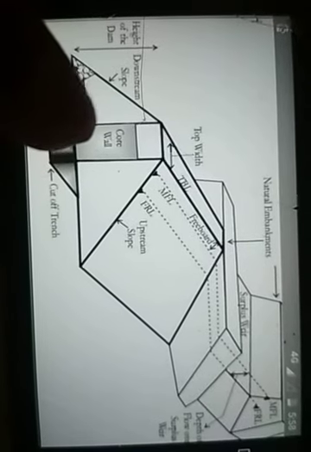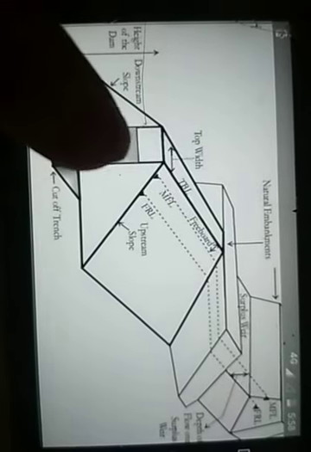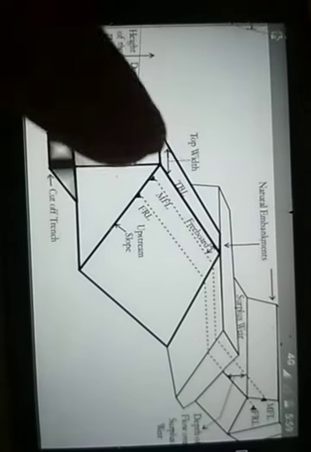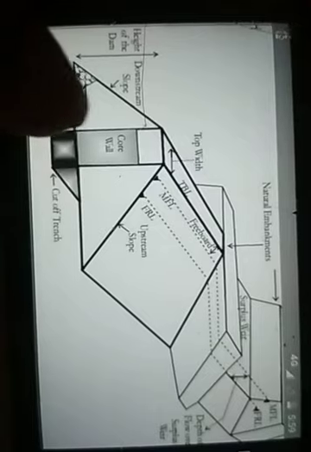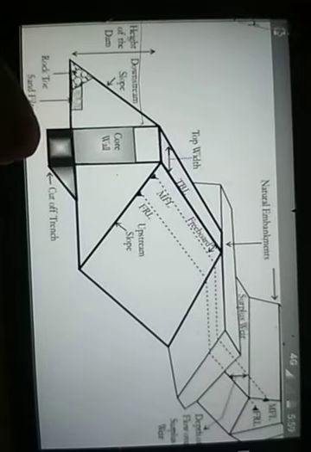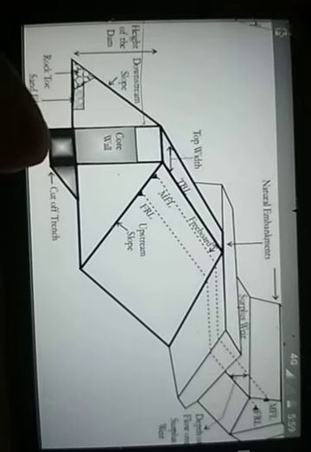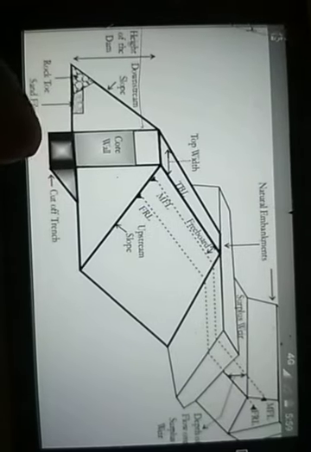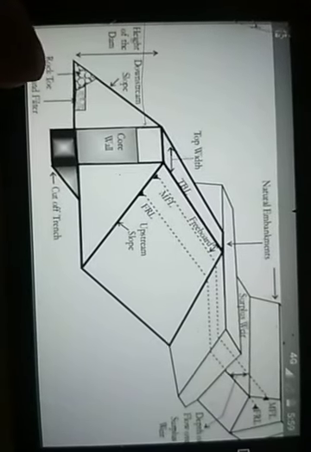What is the core wall? It is used to strengthen this structure. It is the main wall, it is a pillar of the structure. So as you know, when a pillar is constructed, the foundation is also constructed beneath it. Okay, so the cutoff trench is available here.